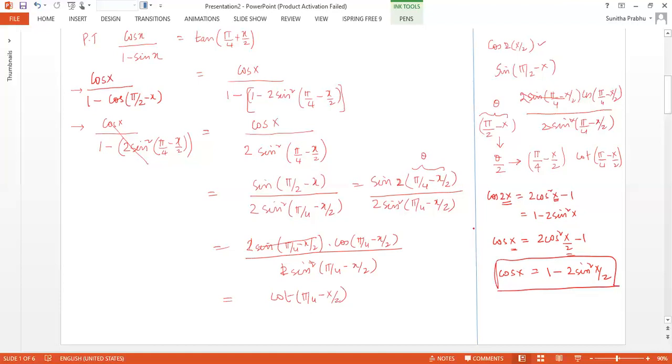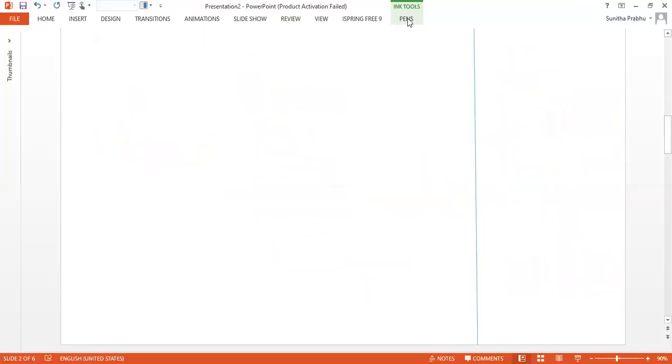Correct? But here I need it in tan. So I have cot pi by 4 minus x by 2, but I need tan pi by 4 plus x by 2. Any suggestions how I can get this done?